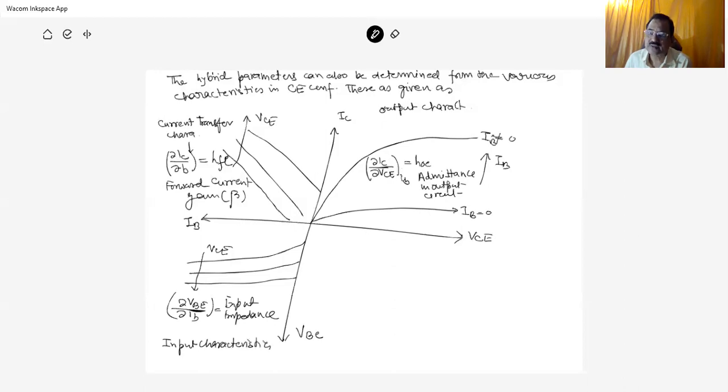Input characteristics. Here it is VCE and VCB. Again, there is an IB.